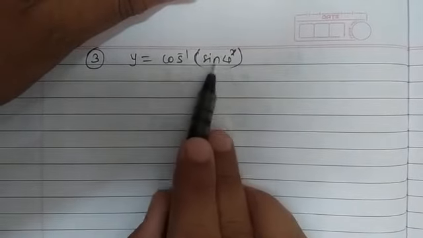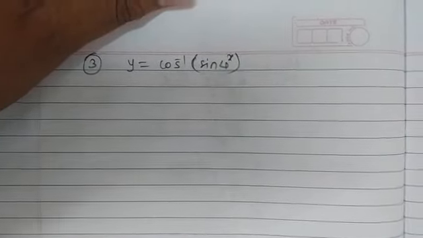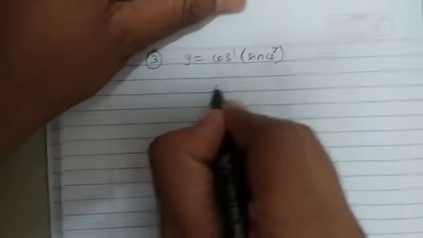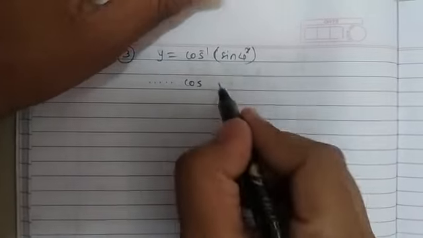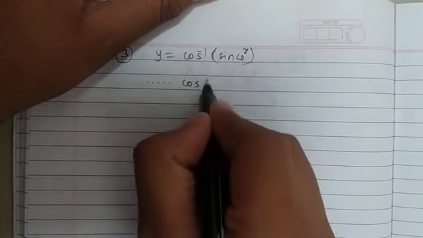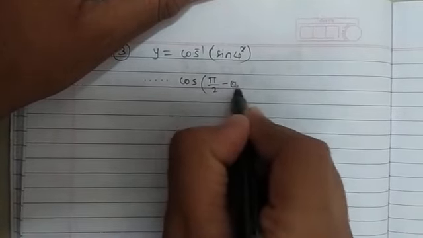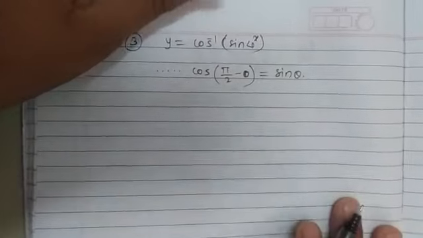So if I am able to convert this sin in terms of cos, then by using the inverse trigonometric function formula again, we can eliminate this part, right? So which formula are we going to use here? We know that cos of pi by 2 minus theta is equal to sin theta, right?